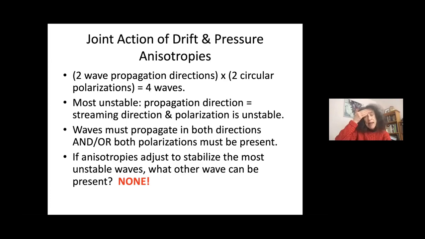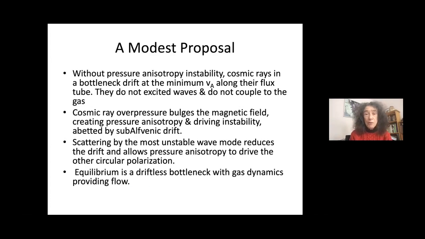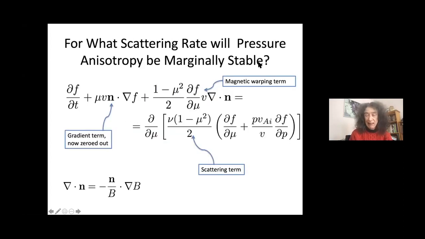It's frequently assumed in plasma physics that when you have an instability, it saturates by modifying the distribution function to bring it back to marginal stability. So if the anisotropy adjusts to stabilize that most unstable wave, all the other waves are damped. You only have one wave, no other waves. A situation like that is ineffective for scattering the cosmic rays and modifying the distribution function. So with apologies to Jonathan Swift, here is what I currently think.